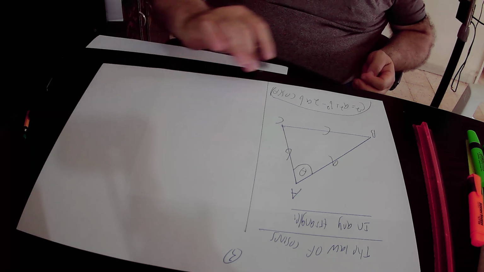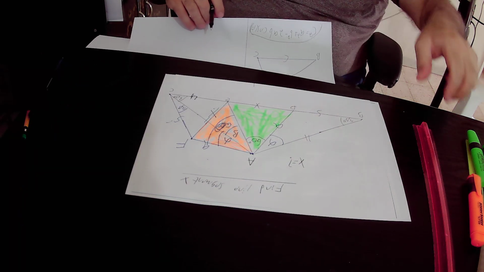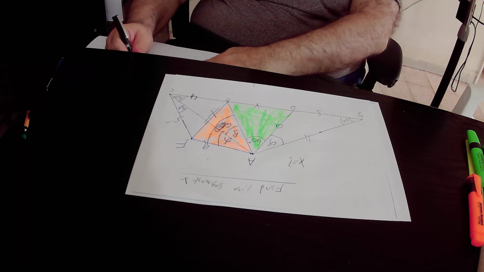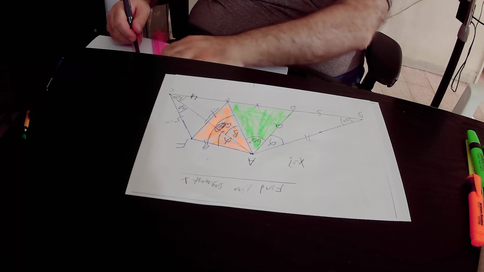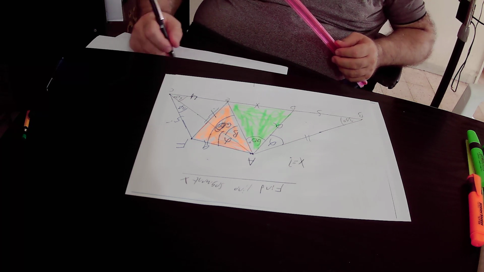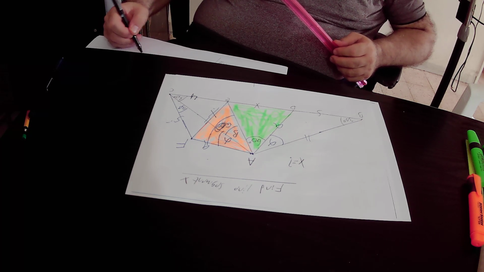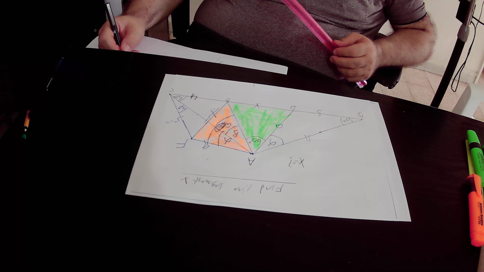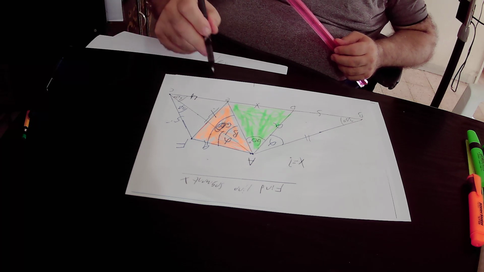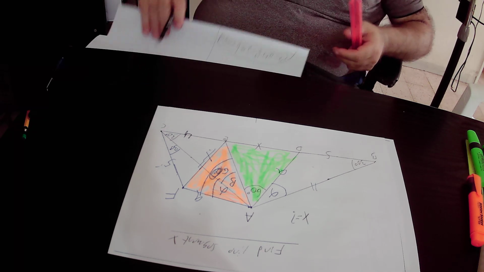Now we will implement the law of cosines in triangle EFC. So I copy triangle EFC here, and we'll implement the law of cosines in this triangle EFC. Angle ECF equals 30 degrees plus 30 degrees.